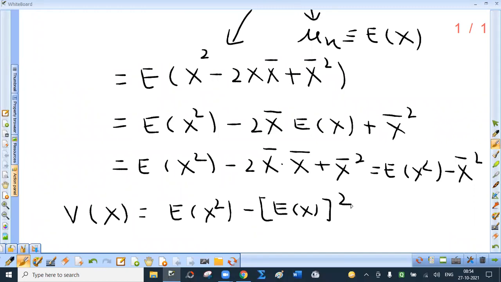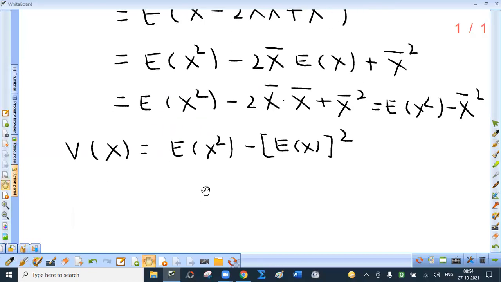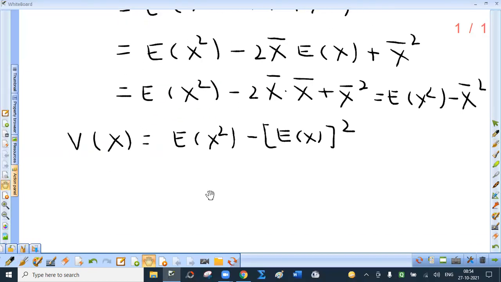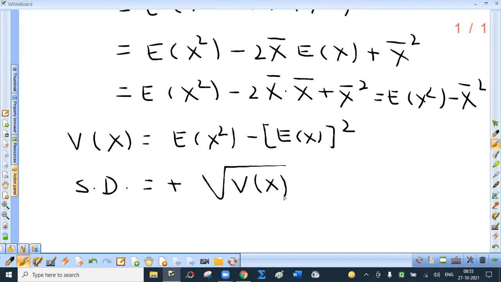And that is why we define standard deviation, short form SD. How is SD defined? It is defined as positive square root of variance. And what is variance of x? It is E of x square minus square of E of x. I hope this is clear to you.